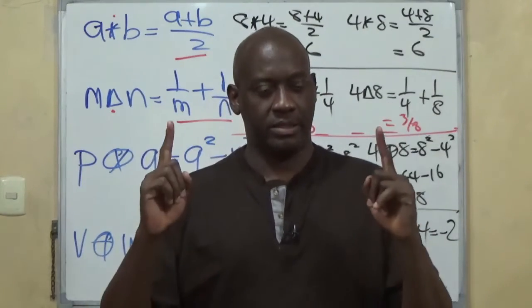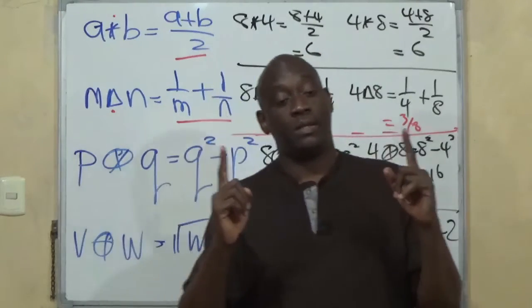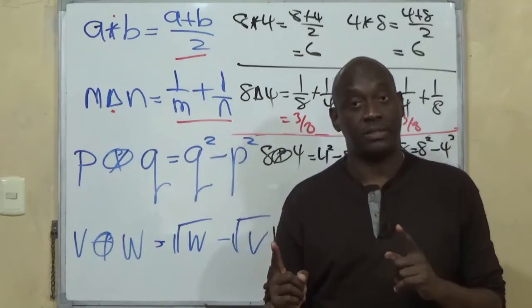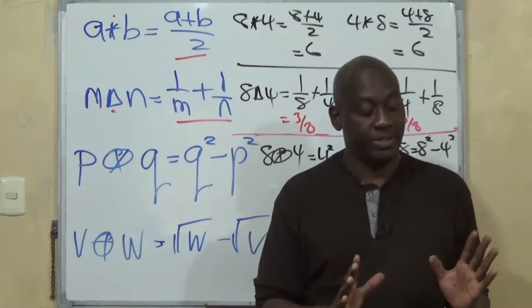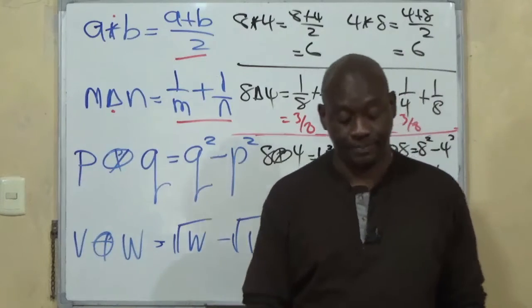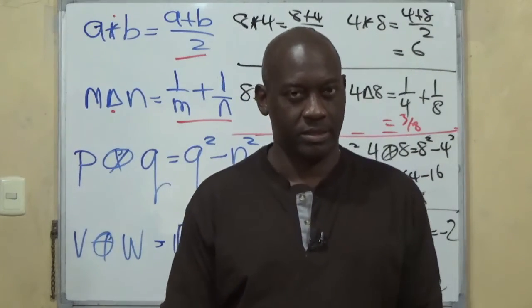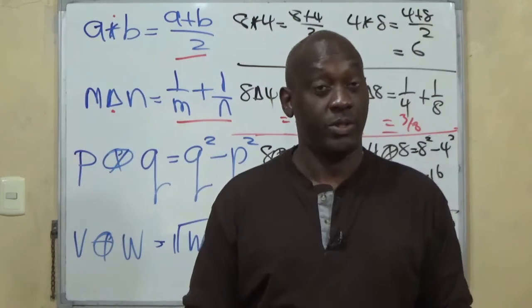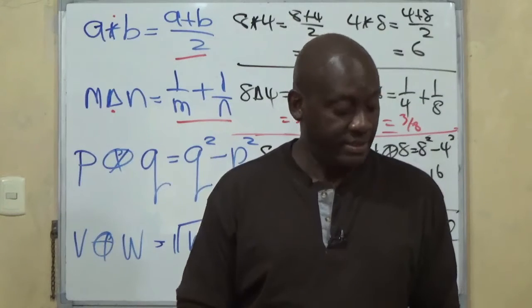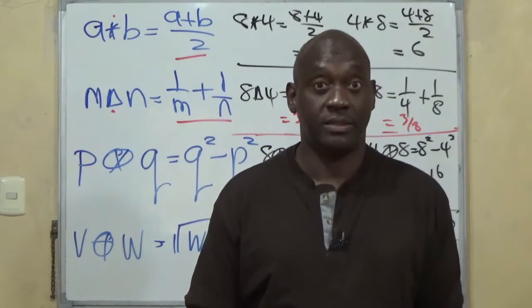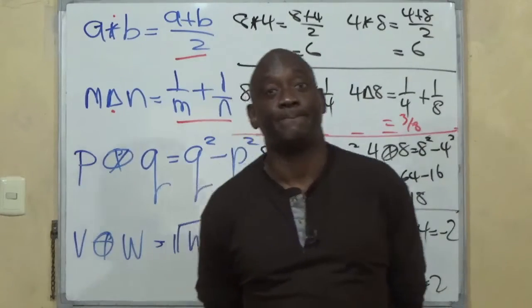Do not assume that binary operations are associative or commutative. All right? They may be so under special circumstances, but that would not normally be the case. And that is what it is where this topic is concerned.